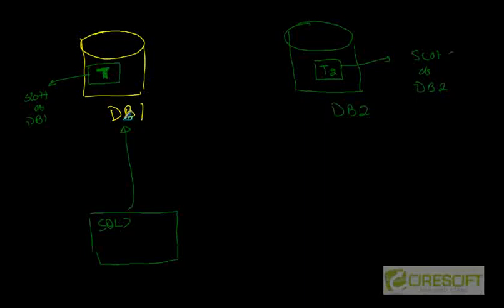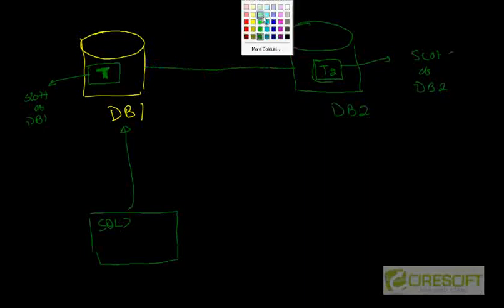There is another way: while you are connected to database one, you can still access the table T2 of database two by using an object called a database link.